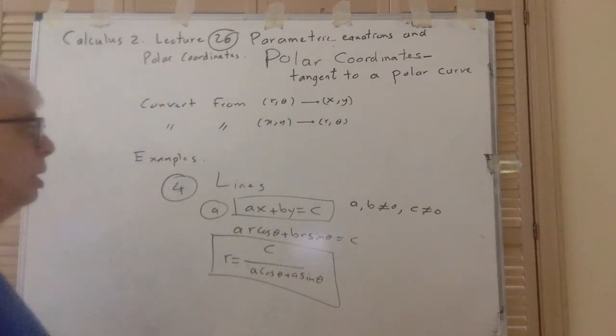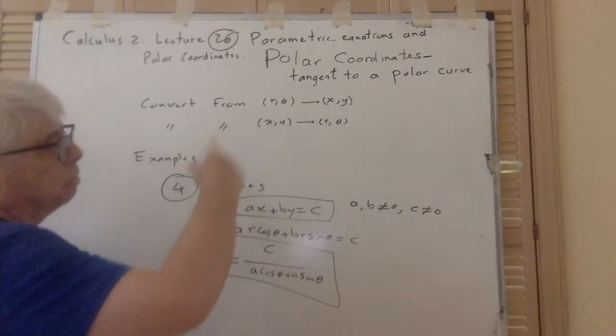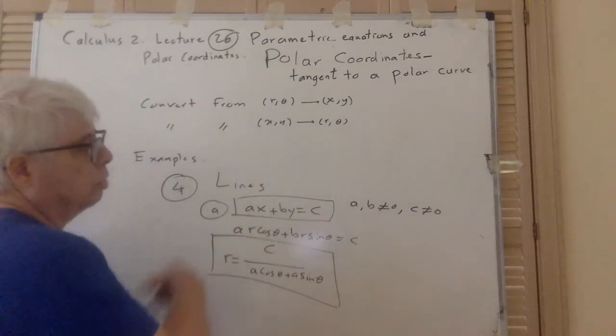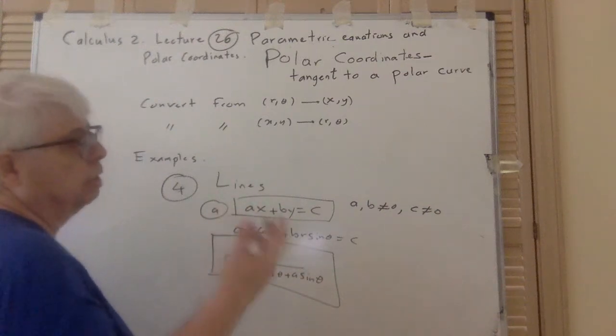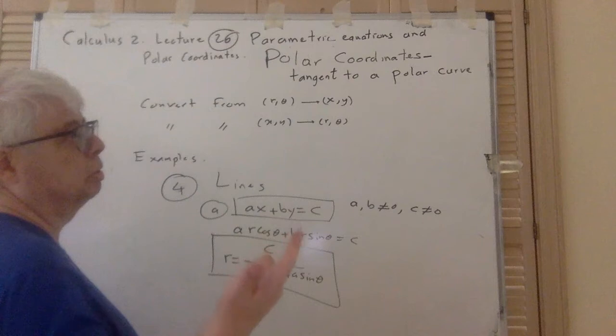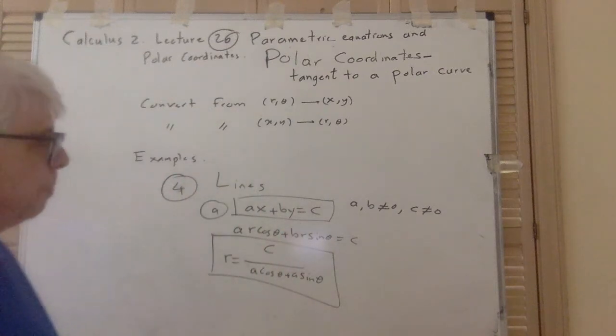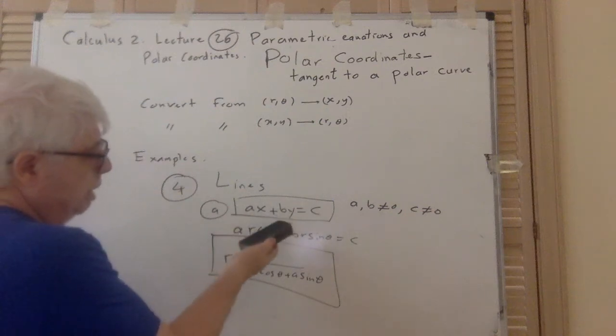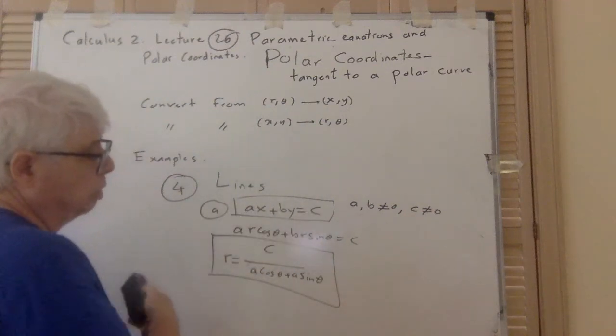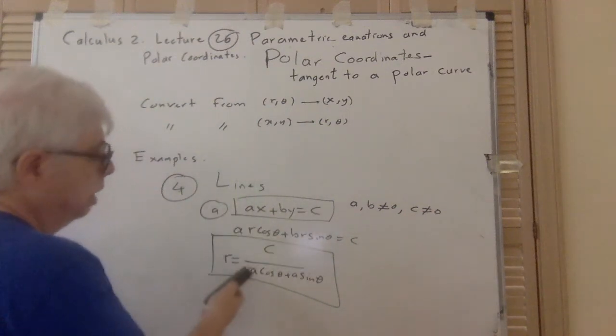So the line has this polar form, which is a nice formula. It's not as simple as r equals a constant. Remember, r constant gives me a circle. This circle in rectangular form is x squared plus y squared equals c squared. But in polar it is simply r equals c. Finished. Boom. So that one is a simple equation in xy. This one is not simple.